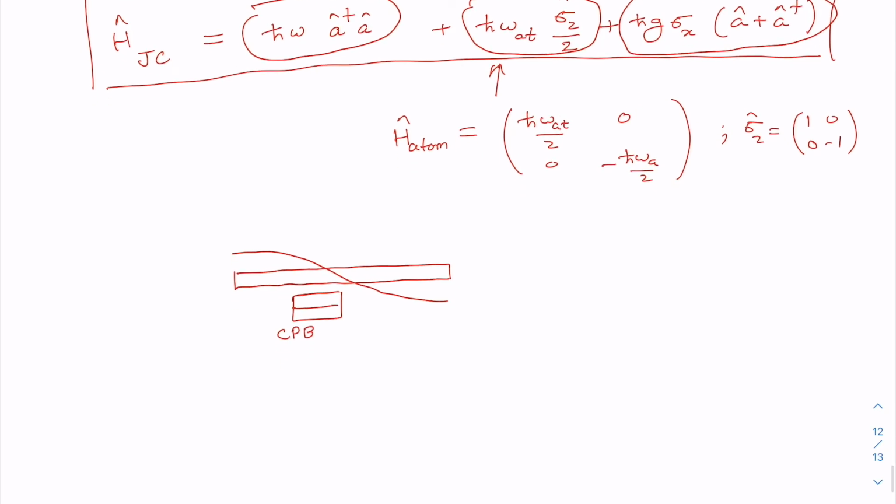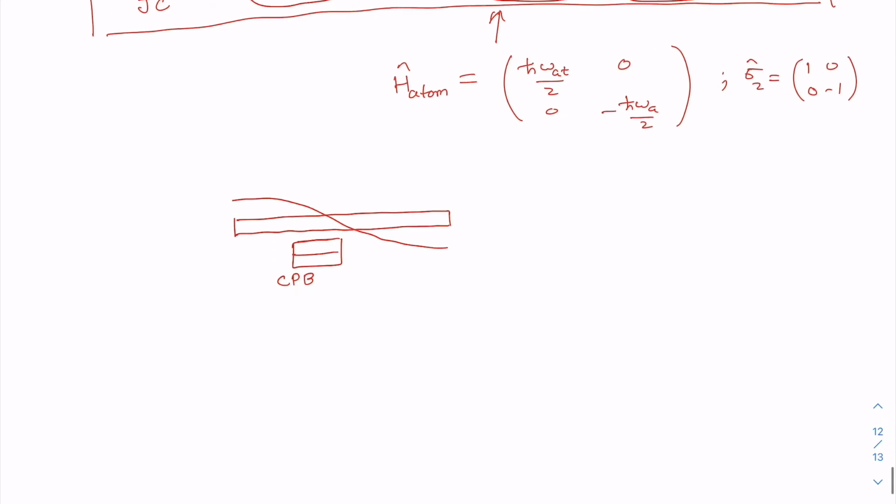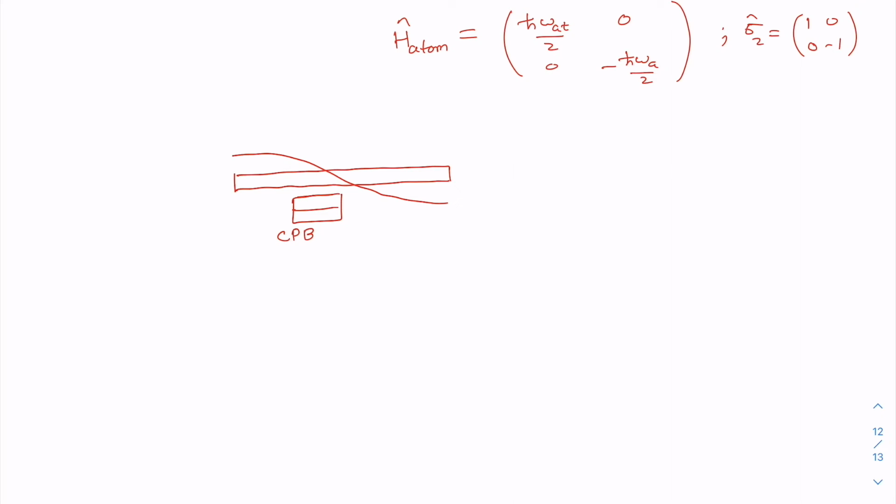The coupling between this Cooper pair box and the microwave field mode, and the strength of this coupling parameter, or its frequency z, depends on where we put our Cooper pair box or two-level system on the transmission line, so it is completely dependent on the geometry.